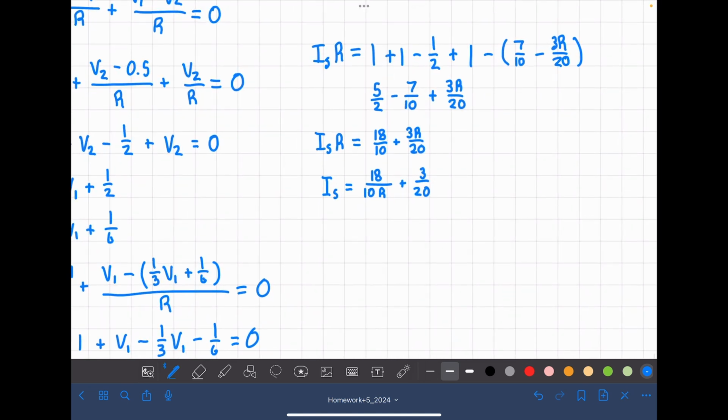If we want to find the Thevenin resistance, we know that is just the voltage of our source, which is 1 volt, divided by the current. So we have 1 over 18 over 10R plus 3/20. I'm going to multiply everything, oh, no, not quite yet.